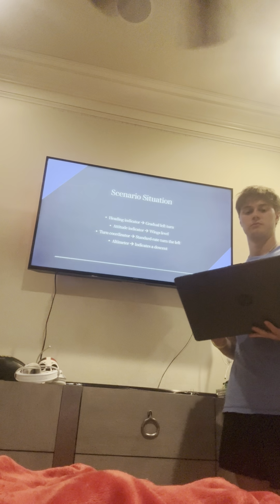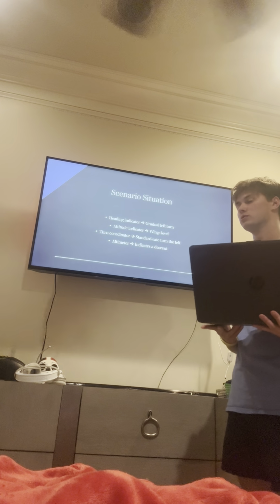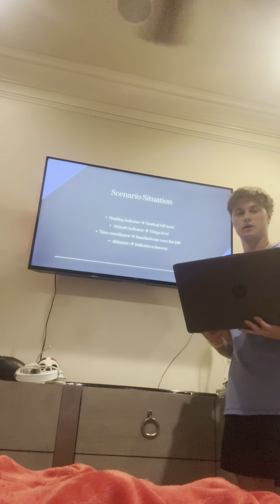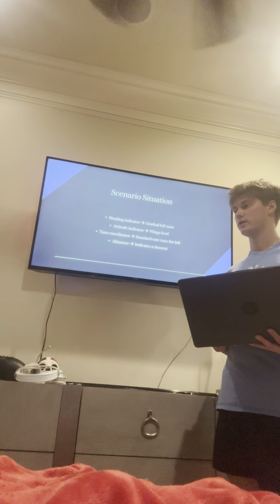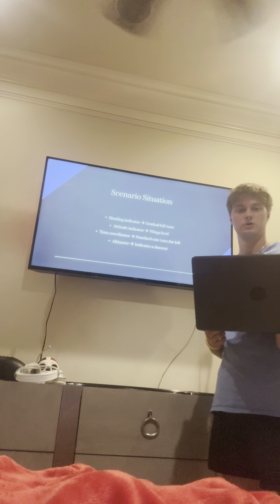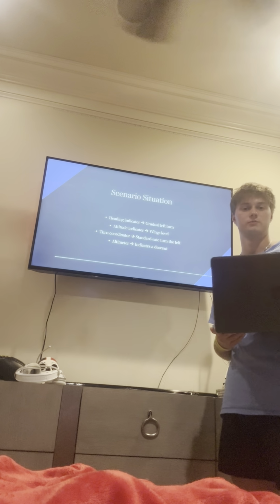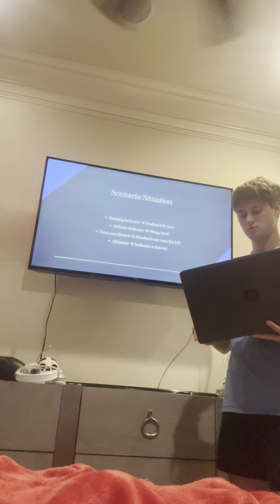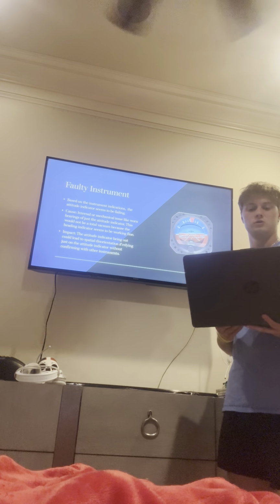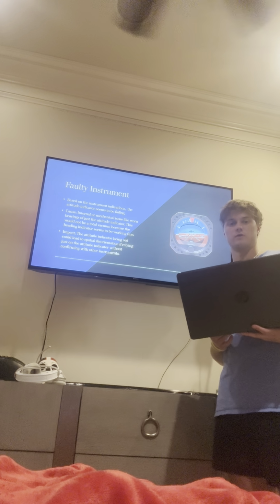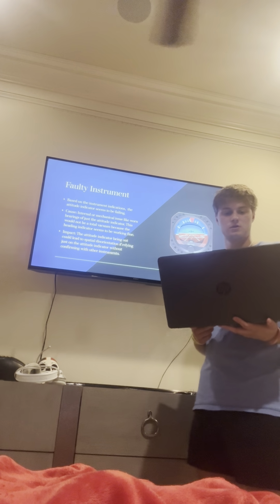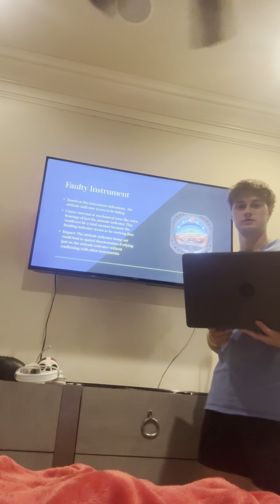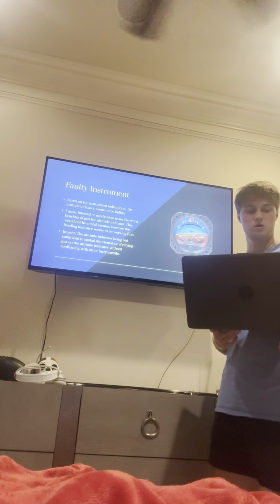So the scenario: the heading indicator is showing a gradual left turn, the attitude indicator is showing wings level, the turn coordinator is showing a standard rate turn to the left, and the altimeter is showing a descent. So the faulty instrument that I've identified, based on the indications of the other instruments, is the attitude indicator, which seems to be failing.